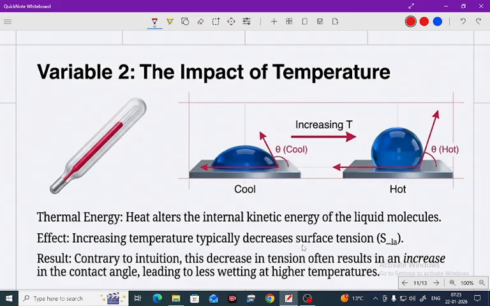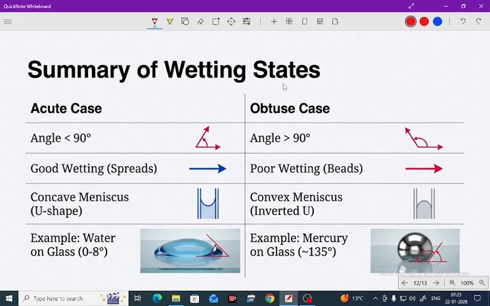So this is cool behavior, this is hot behavior. This is important.